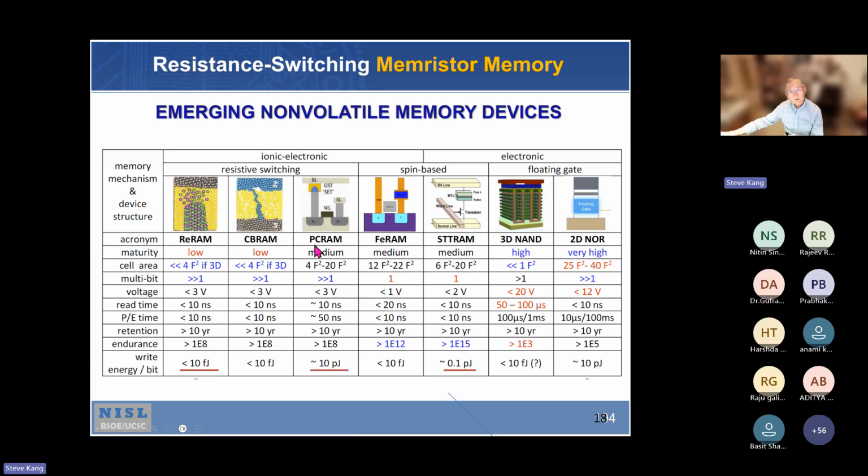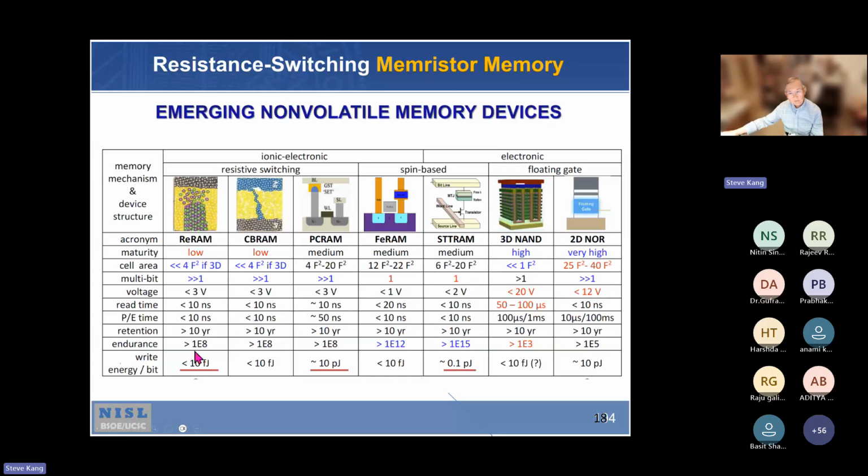And then this is phase change memory, PCRAM. It ranges between 4F squared and 20F squared, which is larger. And then ferroelectric RAM, 12F squared to 22F squared, bigger. STT RAM, spin torque transfer RAM, 6F squared to 20F squared, etc. And then this is flash, 3D NAND, 2D NAND. See, it's rather slow, 50 to 100 microseconds.